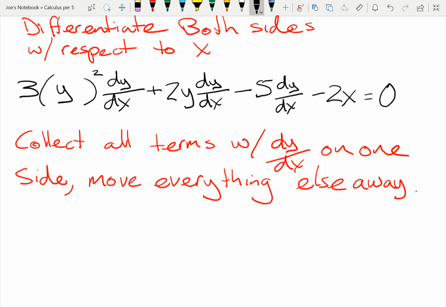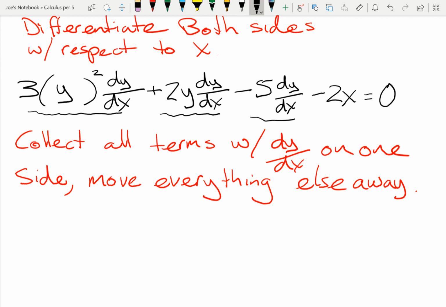So let's see, I go through and identify where there is dy/dx. Looking at my first term, yeah, it's got a dy/dx in it. My next term, yeah, it's got a dy/dx in it. My third term, yes, it's got a dy/dx. This one does not. If there were any dy/dx's on the right side of the equal sign, we would put them back on the left, but there aren't.